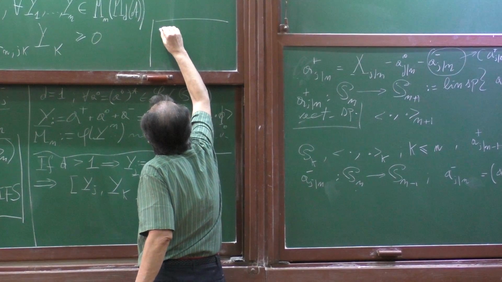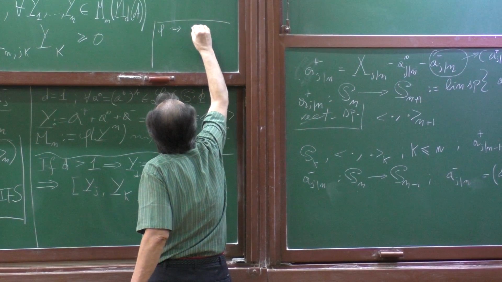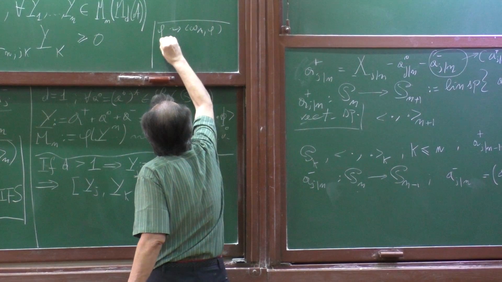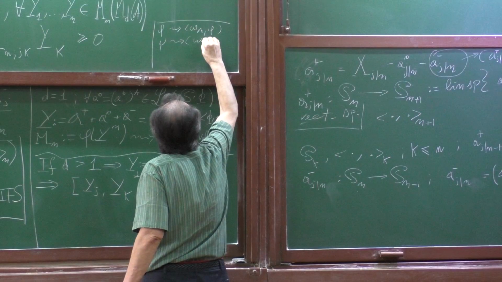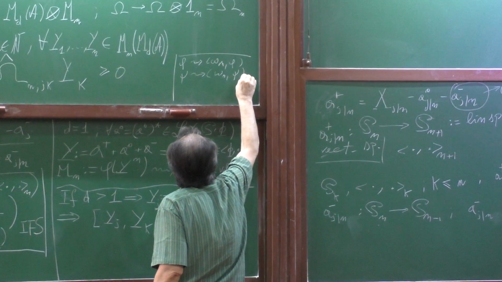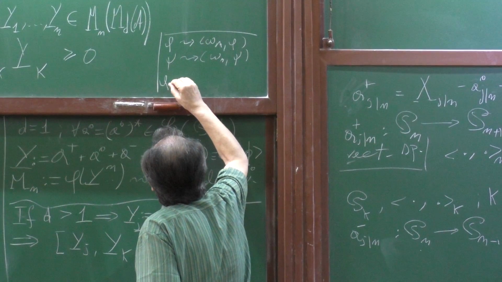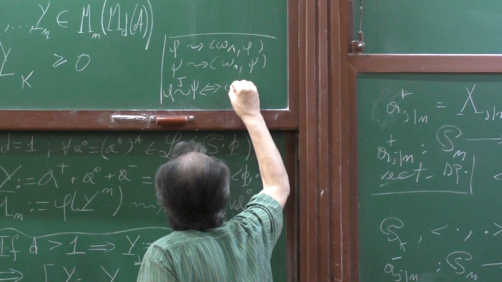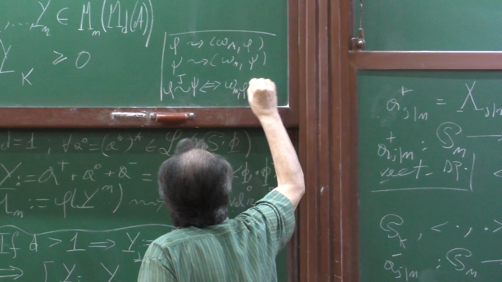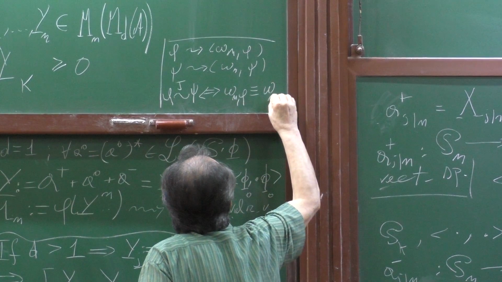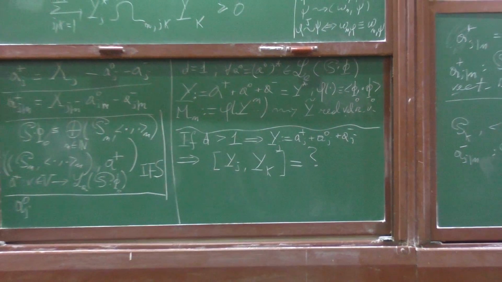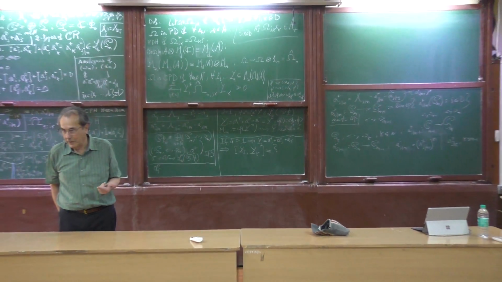If I have a state phi with omega n phi coefficient, and I have psi with omega n psi coefficient, then I say that psi and phi are Jacobi equivalent if and only if omega n phi coincides with omega n psi. The most important example is Gaussian. Gauss and Poisson are Jacobi equivalent, but of course they are very different.